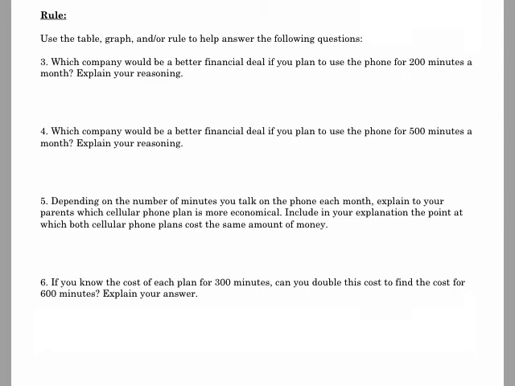Now, I think it might be important to say the value of decimal 0.10 is 1/10, or you could say 10/100ths, just to be technical. But that's not important. So you would complete the table for Talk Fast and Talk Easy. And as you're done, you would then move on to the next page where you ask questions.